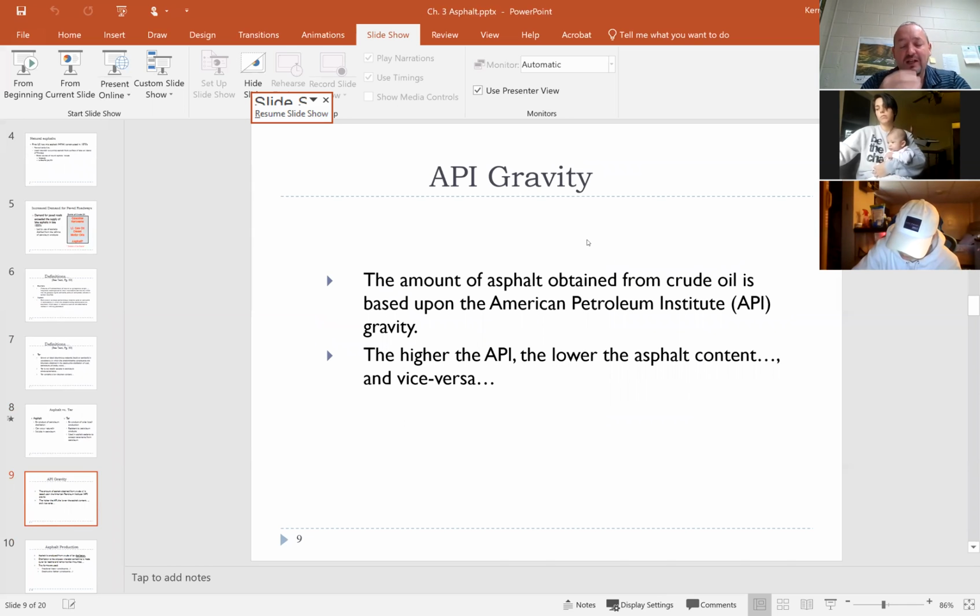As a production measure, the American Petroleum Institute, or API, has a gravity, and so the higher the API gravity, the lower the asphalt content, and vice versa. So that would be useful relative to a refinery, in the processing of the asphalt material.